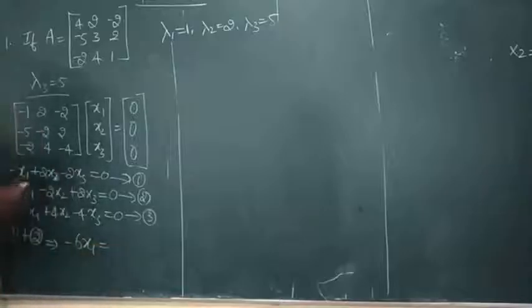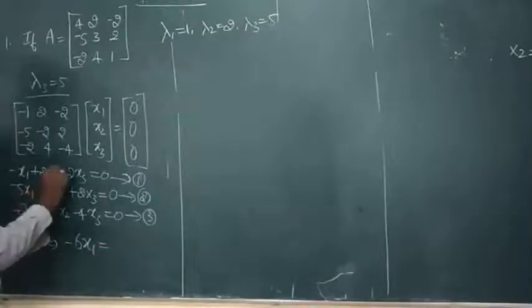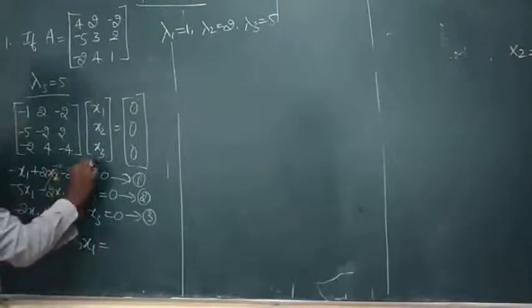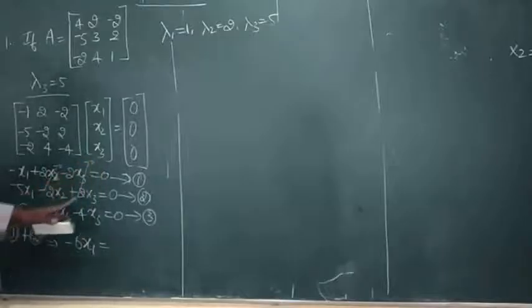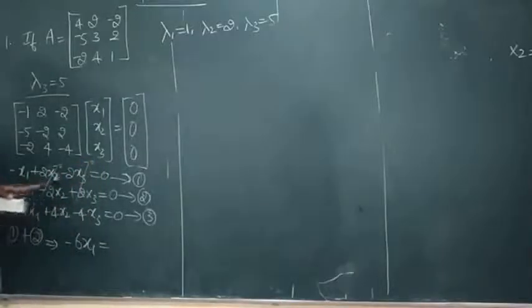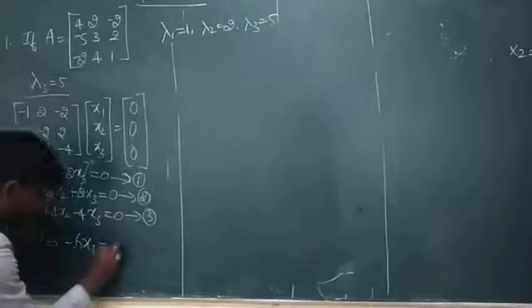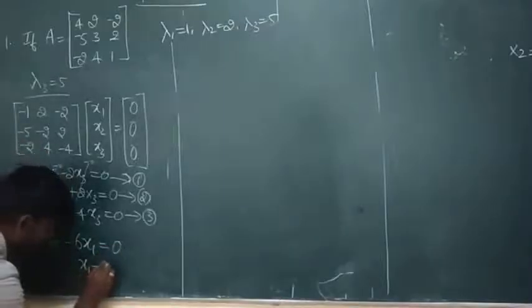Therefore, by adding these two, it goes 0, and these 2 go 0. So minus 2x3 plus 2x3 plus 2x2 minus 2x2 goes 0, which is equal to 0. Therefore, we get x1 value as 0.